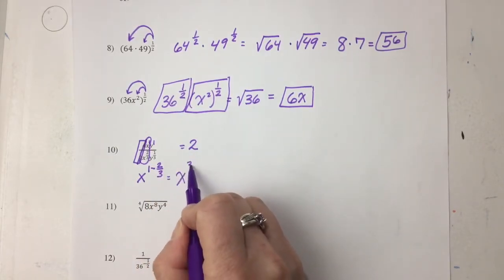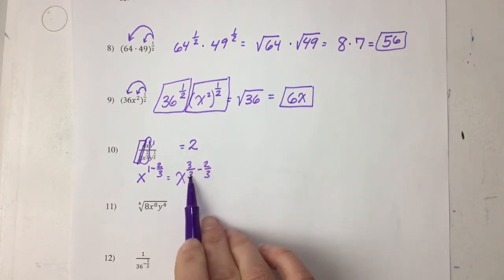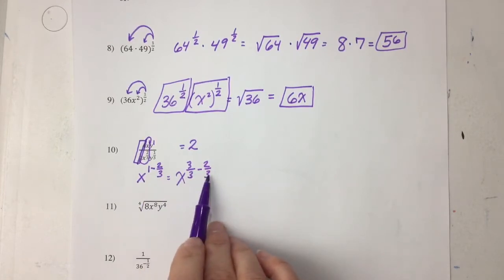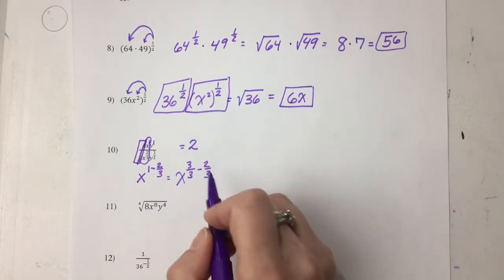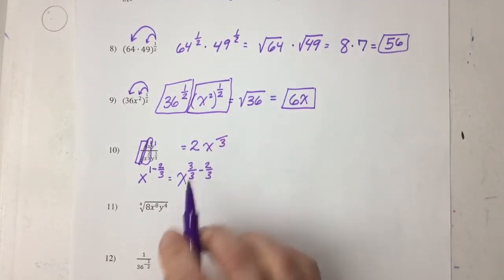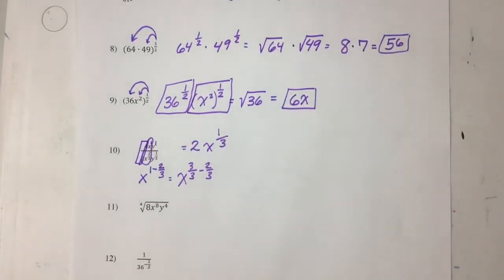I'm going to change my 1 to 3 over 3 because 3 over 3 still is 1. It's equivalent, but now I can combine them through subtraction because the denominator matches. So I'd have x, the denominator is a 3, it carries over. 3 minus 2 is 1.